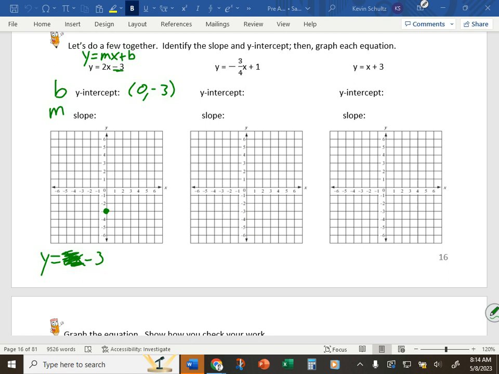So our slope, 2, looks like 2 on top of a 1. 2 over 1 means from that y-intercept point, we are moving up 2 over 1.